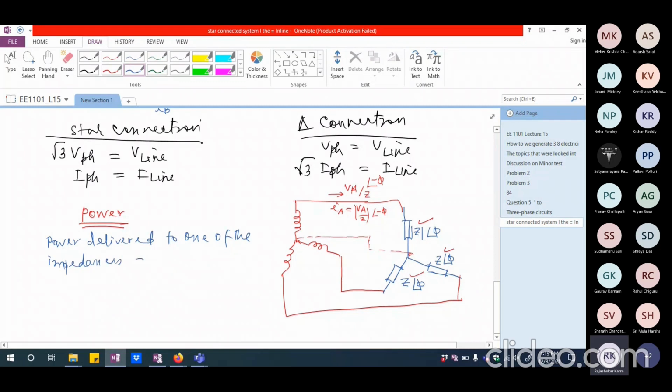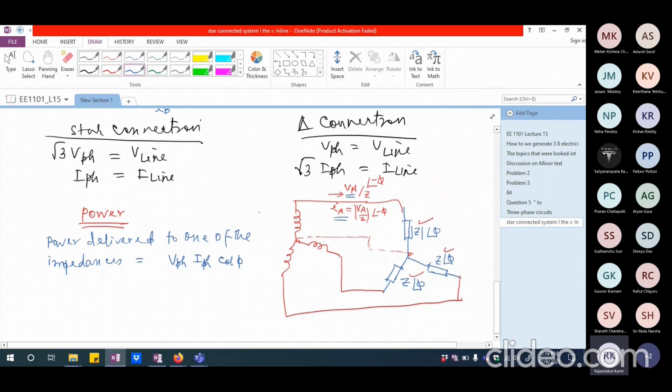I should write whatever is V phase multiplied by I phase multiplied by cos of phi, because between this current and this voltage I am having basically a phase angle which is phi.